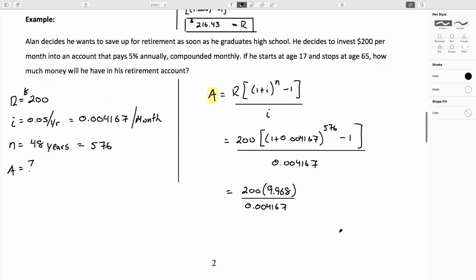All right, and at 5% interest, $200 a month will net him $478,442.52.